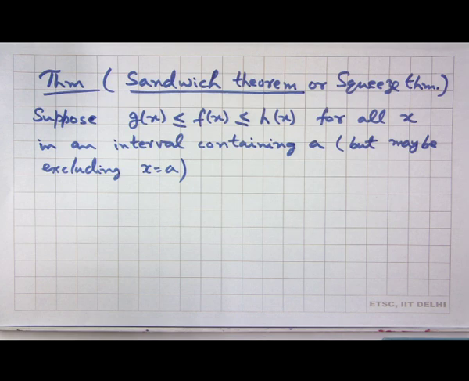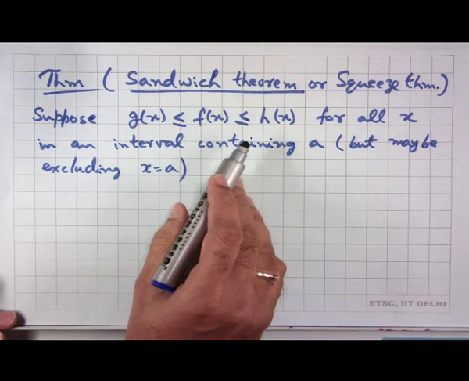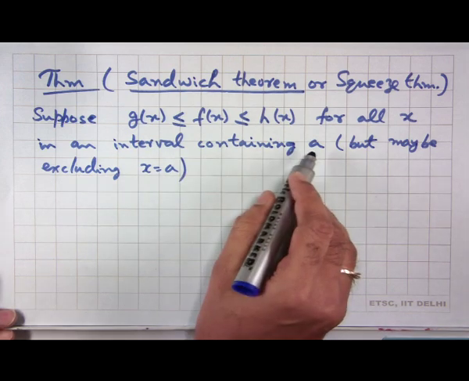So, suppose f of x lies between these two functions g of x and h of x in an interval containing a.